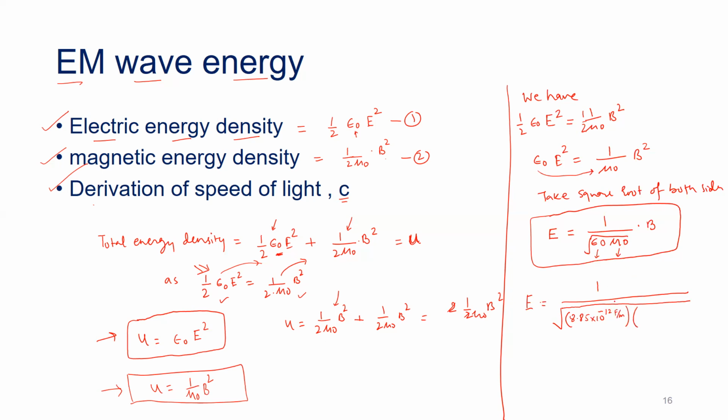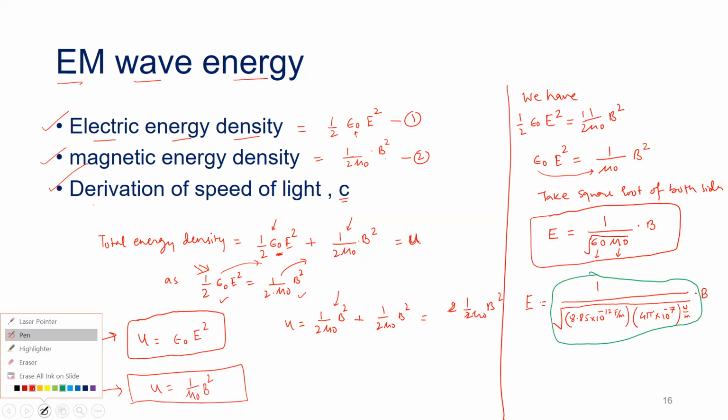And mu naught is also a value known to us because they are constants, and the values of these constants have been obtained by performing electric and magnetic experiments. So it is this one, in Weber per meter. So now you see this value is a constant, and we can calculate it.